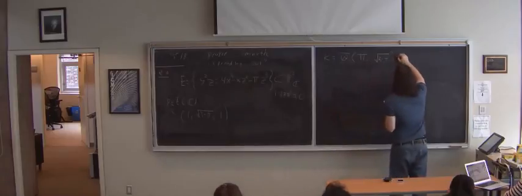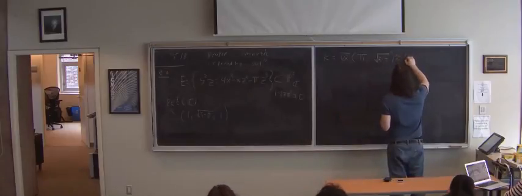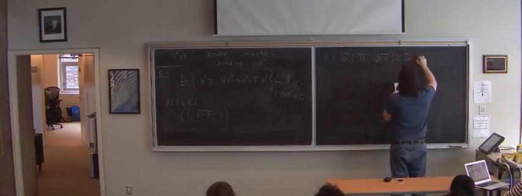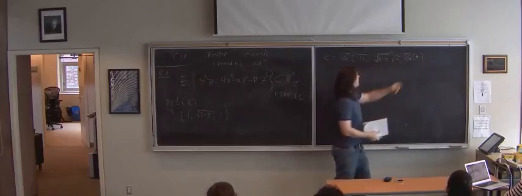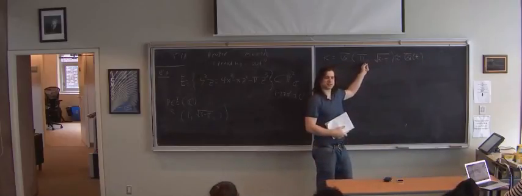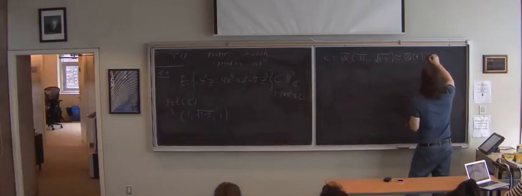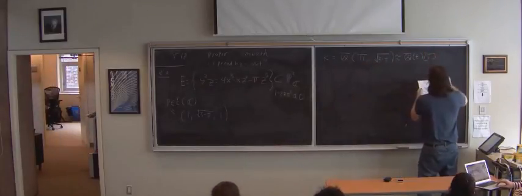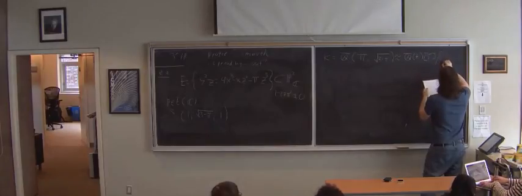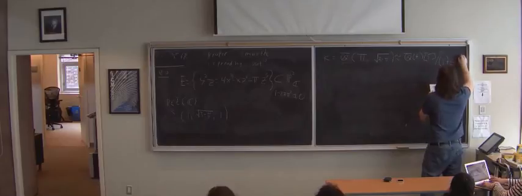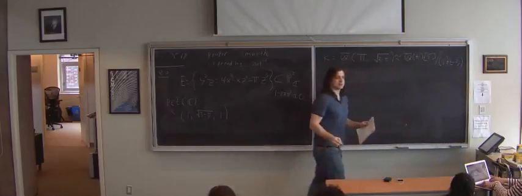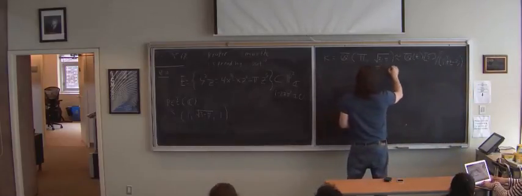And as an abstract field, it's Q bar adjoined T, which will act like pi, because pi is transcendental. And then for root 3 minus pi, we adjoin S, and we set S to be root 3 minus pi. So pi goes to T.